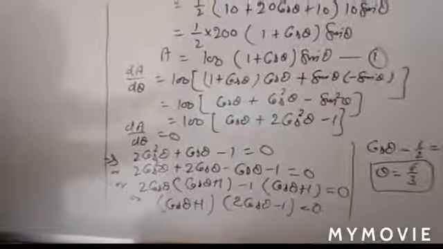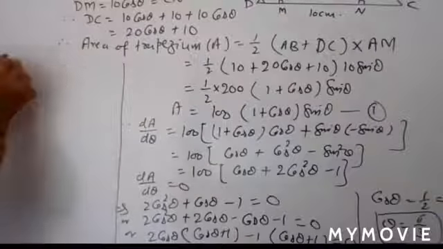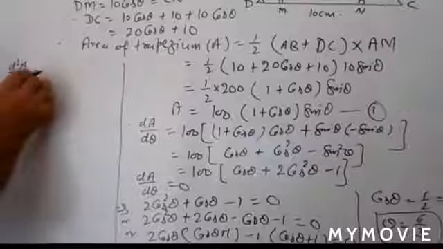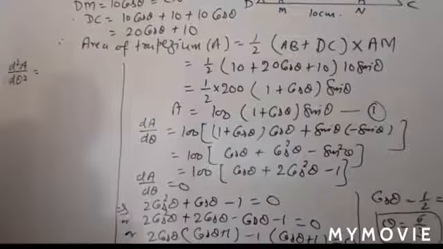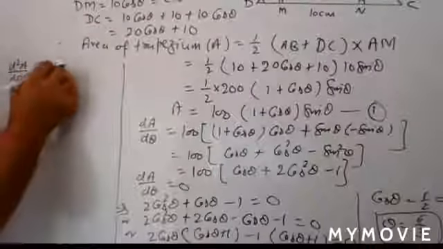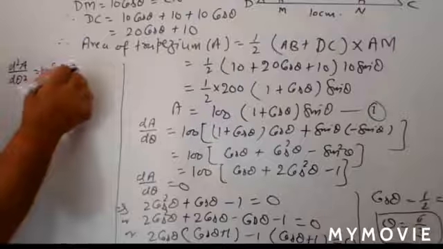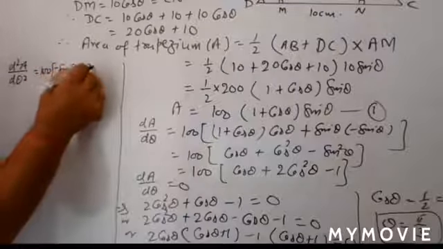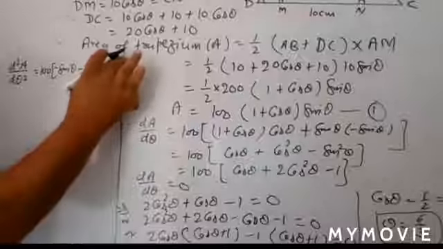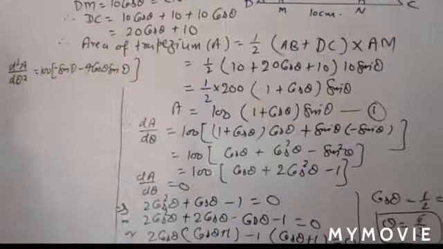So taking second derivative means d2A upon d theta 2 is equal to, differentiate here, 100 into minus sine theta. For 2 cos square theta you write minus 4 cos theta into sine theta. Understand? So that gives the value of your second derivative.